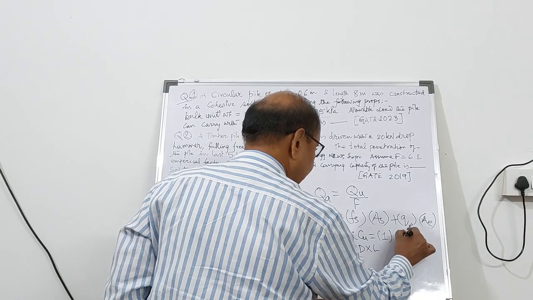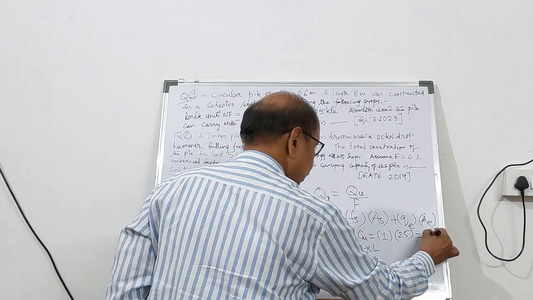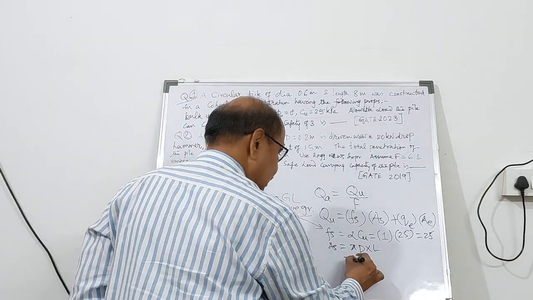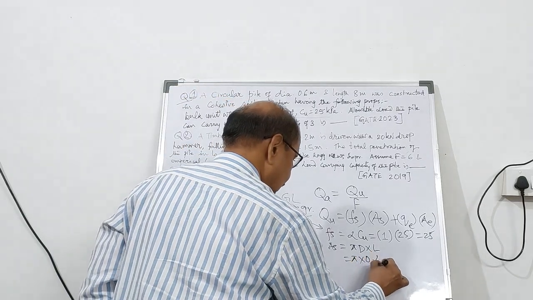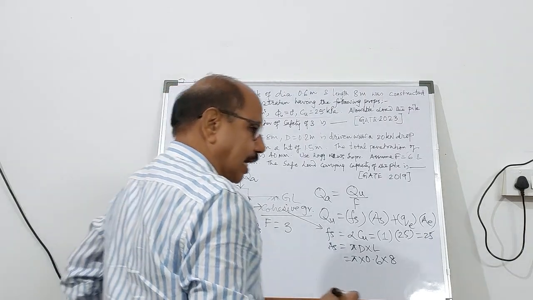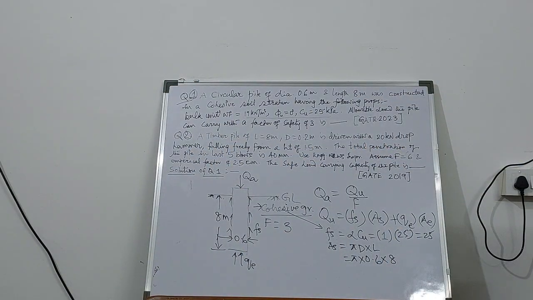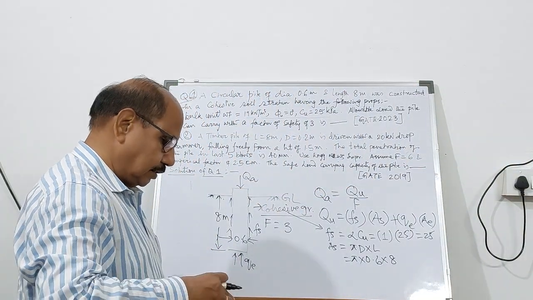So multiplied by 25, Fs is going to be 25, and the shaft area is pi, diameter 0.6, and length 8 meter. You can take the calculator and calculate it.